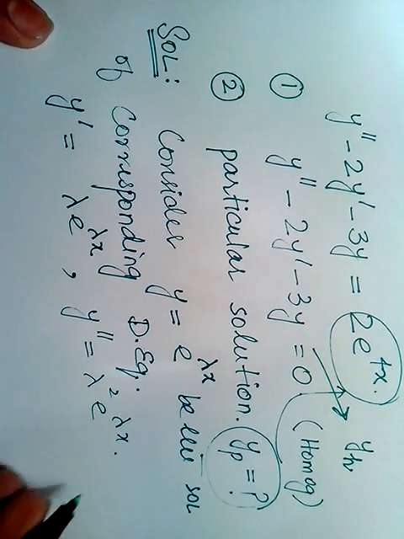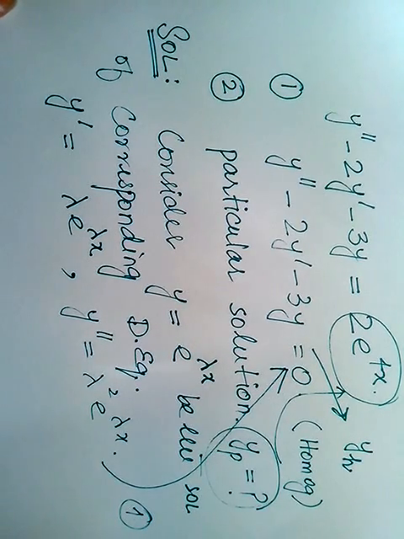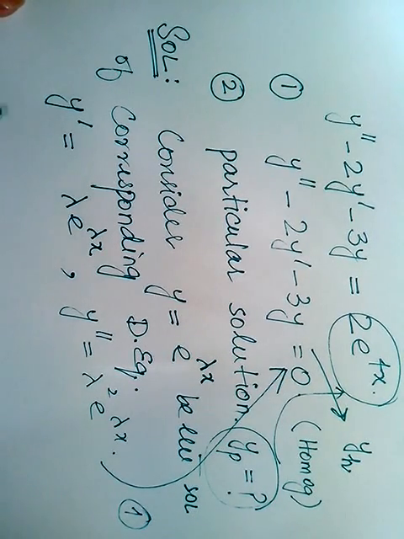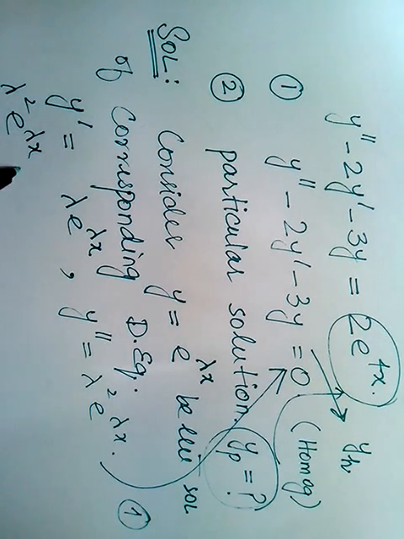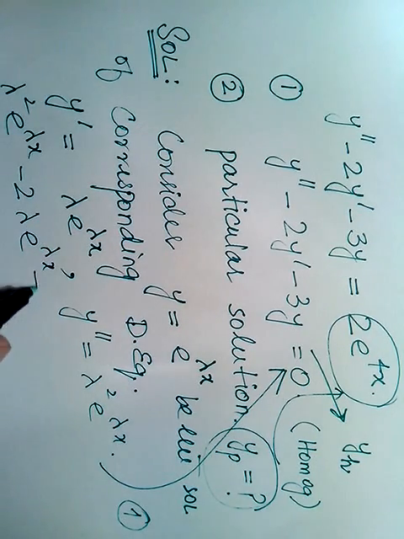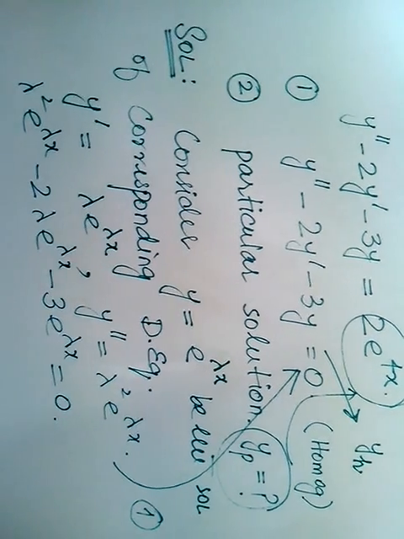So we plug into equation 1, and we see what happens. This is going to be lambda square e raised to power lambda x minus 2 lambda e raised to power lambda x minus 3 e raised to power lambda x is 0.